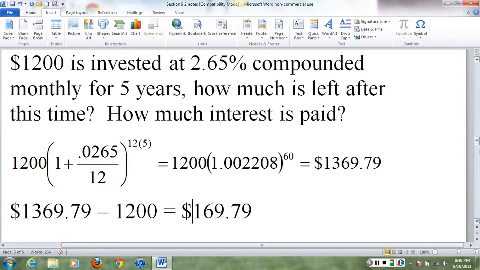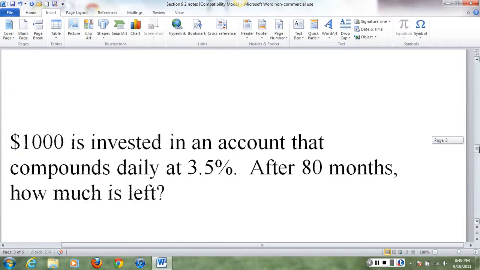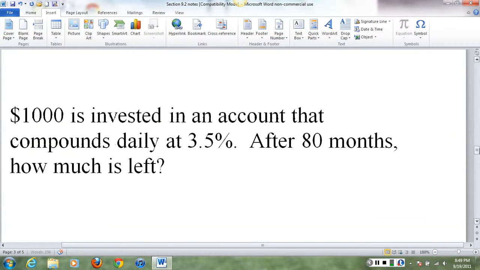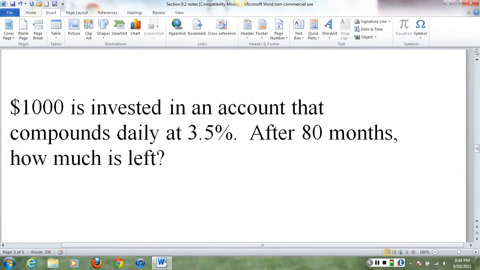This is the way you approach any common compound interest formula. The main thing is to understand how to approach how many times it's being compounded. In this case, $1,000 is invested in an account that compounds daily at 3.5%. After 80 months, how much is left?